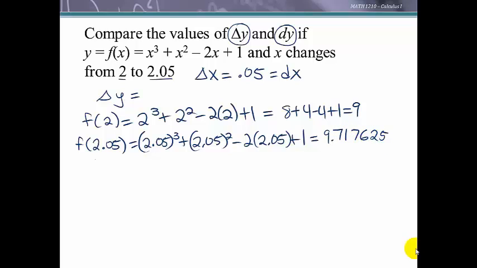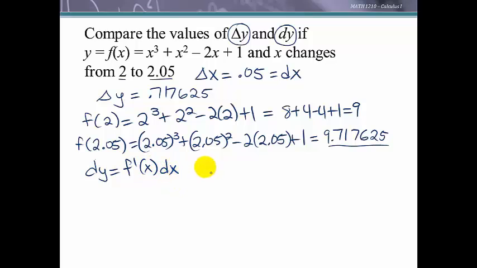So we can now figure out our delta y. It's going to be 9.717625 minus 9, so we're going to have 0.717625.